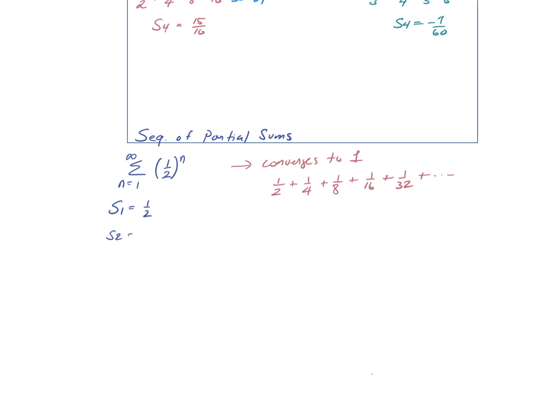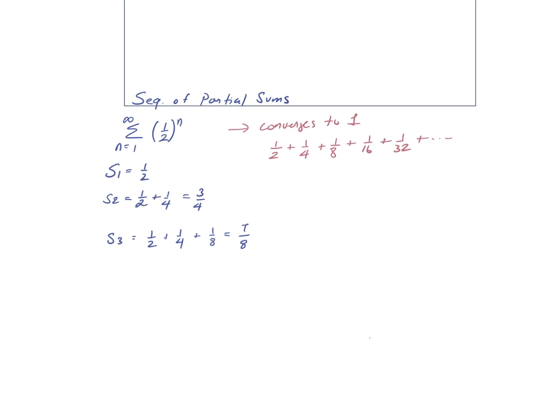S sub 2 is adding up the first two terms, so it's 1/2 plus 1/4, which is 3/4. S sub 3 would be 1/2 plus 1/4 plus 1/8, which is 7 over 8.